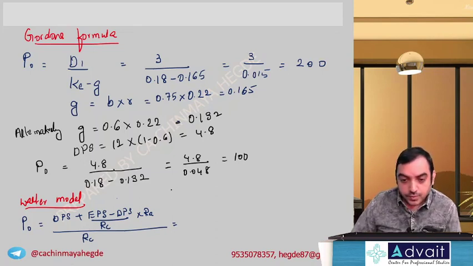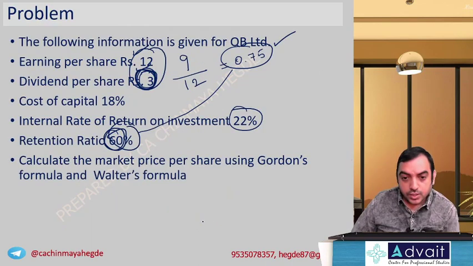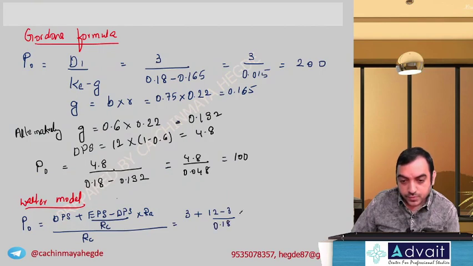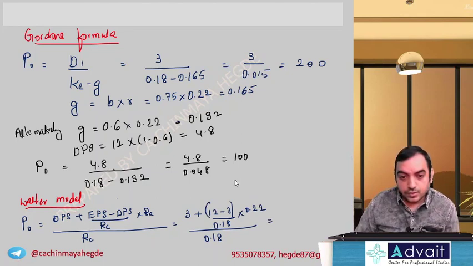So we get DPS given as 3 rupees plus (12 minus 3) divided by... cost of capital 18%, return on assets 22%, whole divided by 0.18. 9 into 0.22 plus... 2.22 plus... divided by 0.18. 11 divided by 0.18, 77.78.